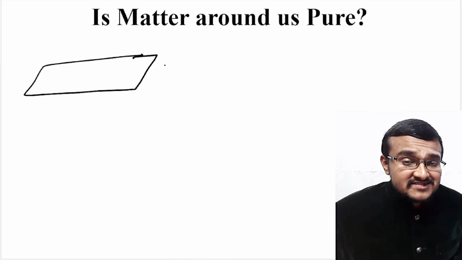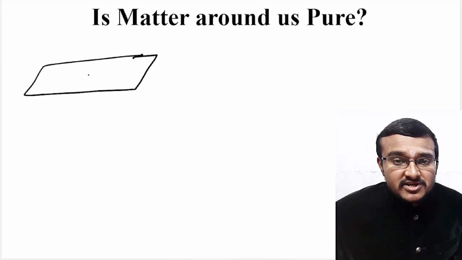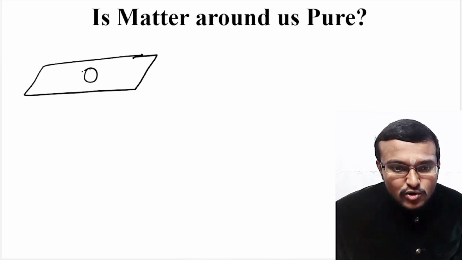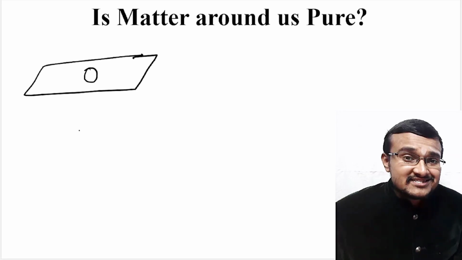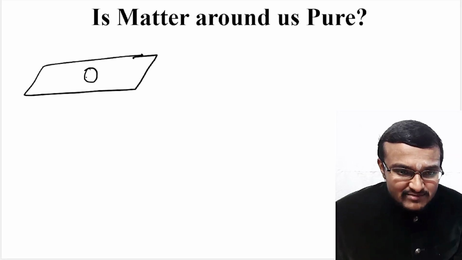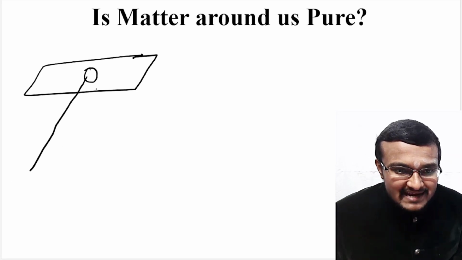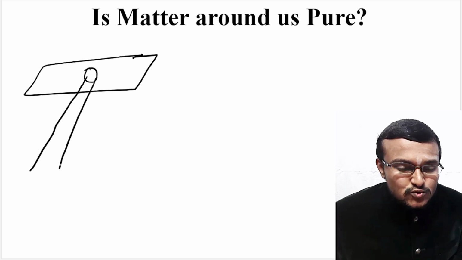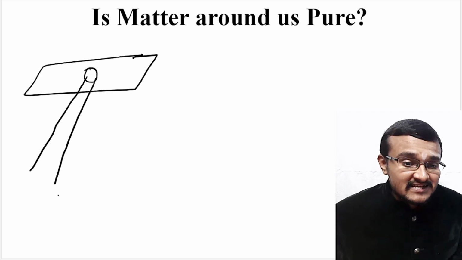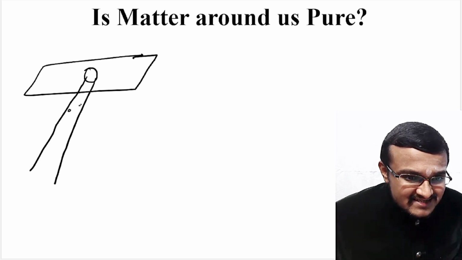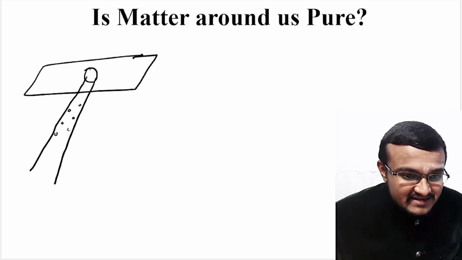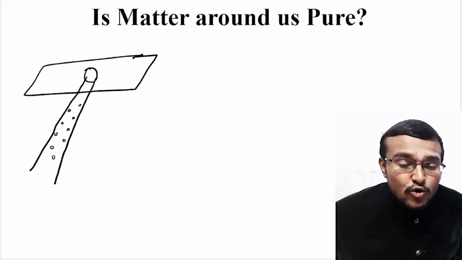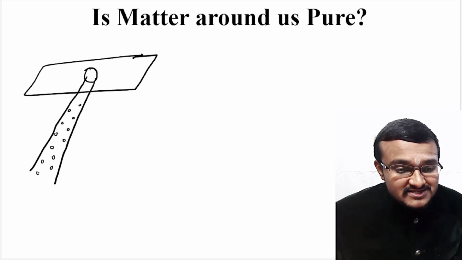Let's say there is a ceiling over our head, and let's say there is a small hole in this ceiling. When the sun is shining bright, at that time you can see a small light ray coming through this hole from the ceiling, and you can clearly see dust particles through this light ray which is passing through the hole in the ceiling.